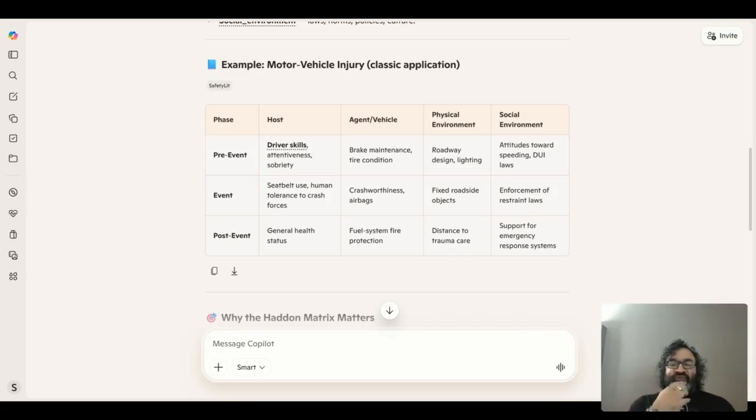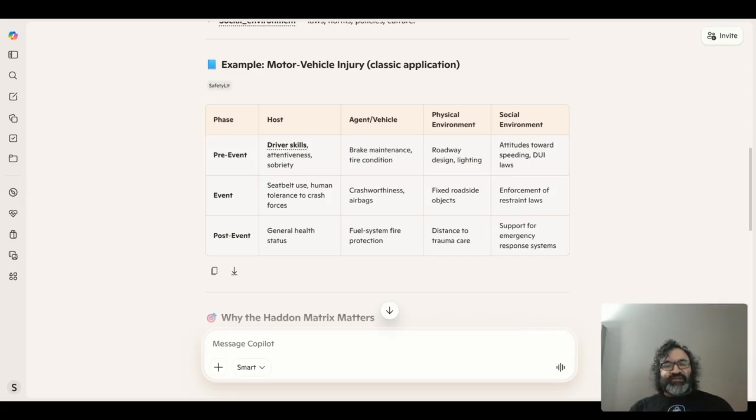I'm actually looking at the matrix in another example. Here I've provided another example right here on the screen. Now that we've gone over pre-event and event, the post-event is health status and ability to seek help. Agent is fire risk and secondary hazards, and then environment is emergency response and access to care.